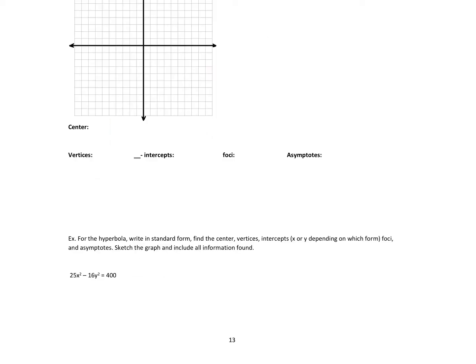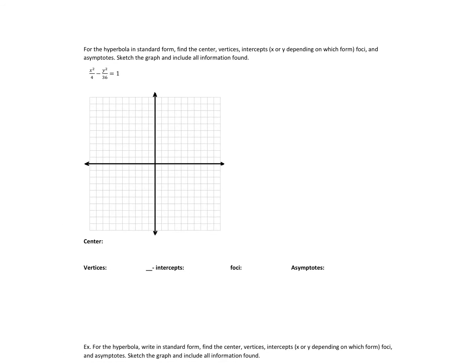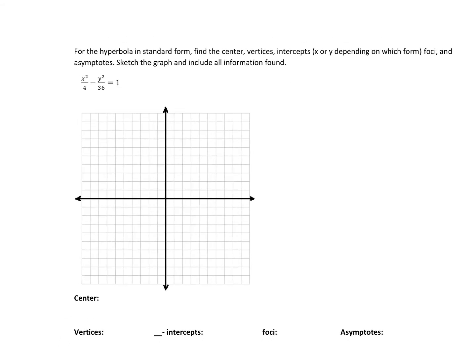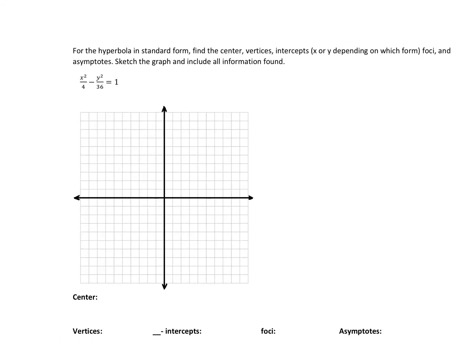Let me go back. For this first example, we have x squared over 4 minus y squared over 36 equals 1. And we can see that our center is 0, 0. And just like the ellipse, in the x direction, go 2, because of the 4 there, 2 squared is 4. And in the y direction, we'll go 6.